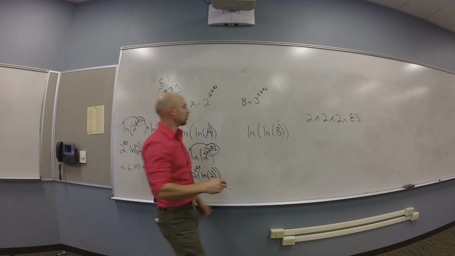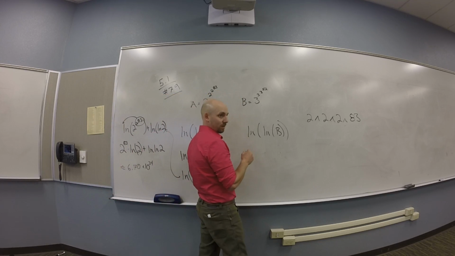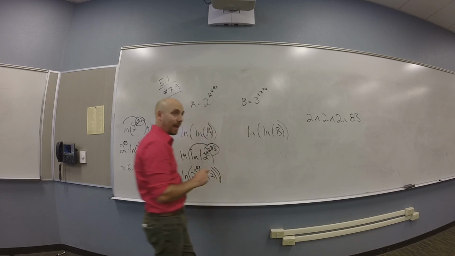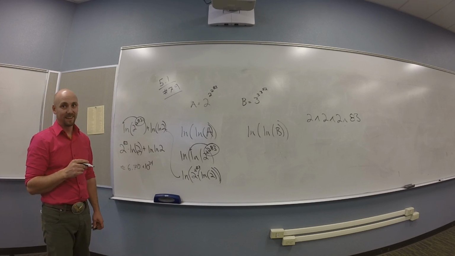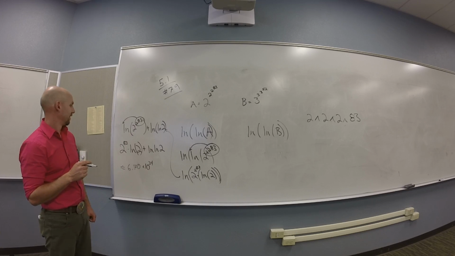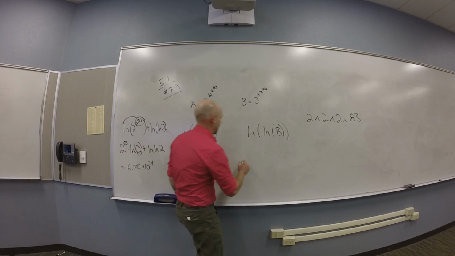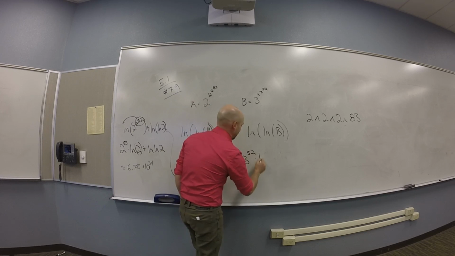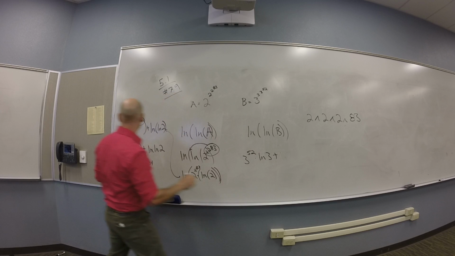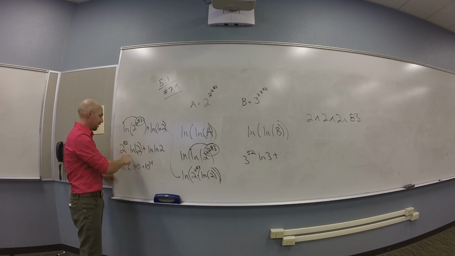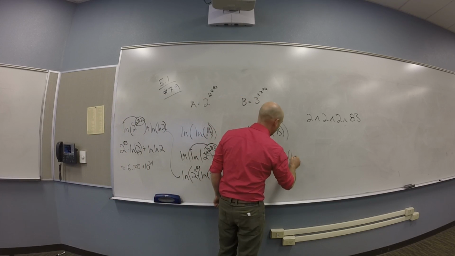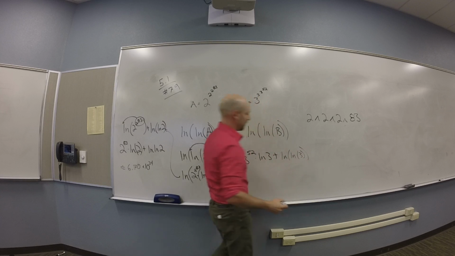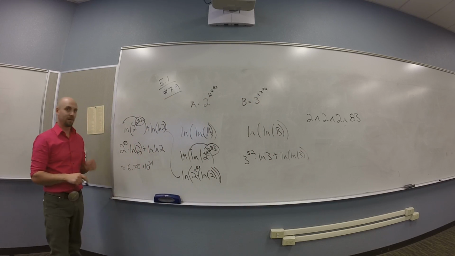Okay, if I take B and do the same trick, what am I going to get? Log of 3 to the 52, times the log of 3. The top two pieces in your power stack times log of the middle one plus log of the bottom one. Okay, somebody hit that in the calculator quick.